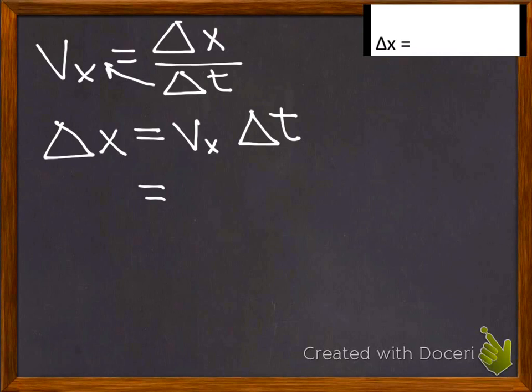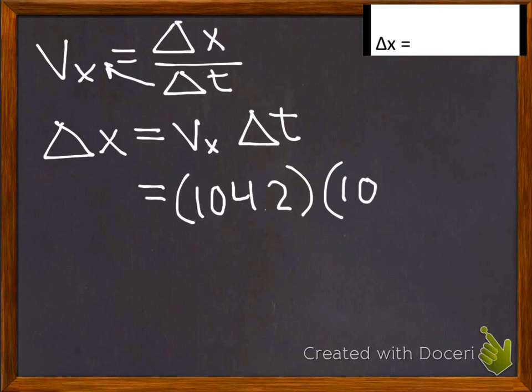So the numbers we have here, my Vx is 104.2 meters per second. And I'm going to multiply by that time I just found, 10.1 seconds.